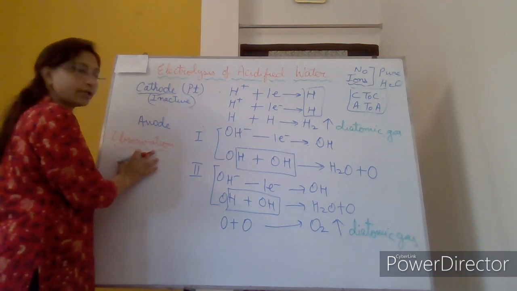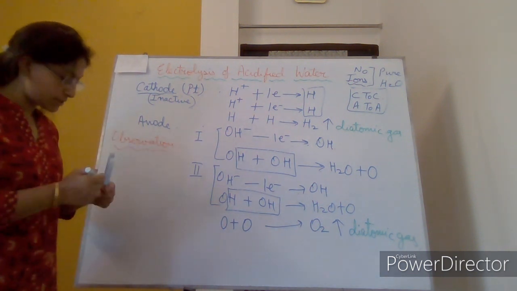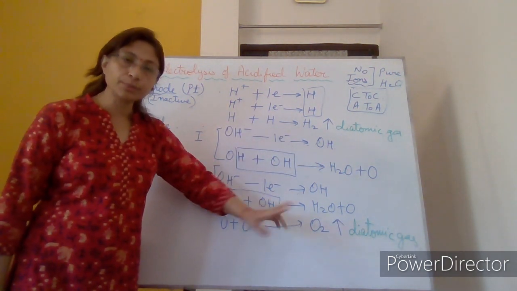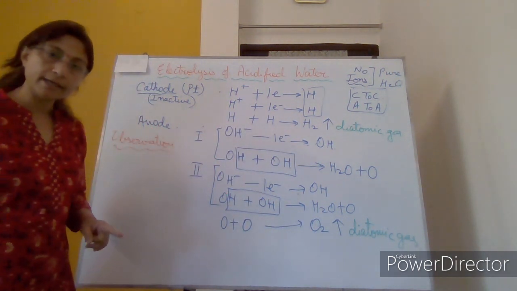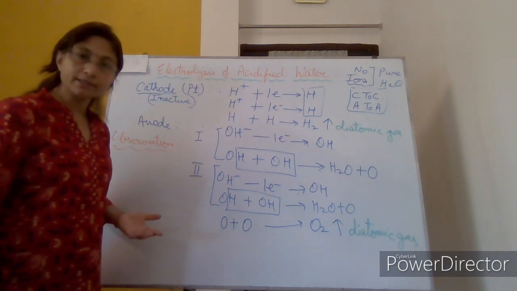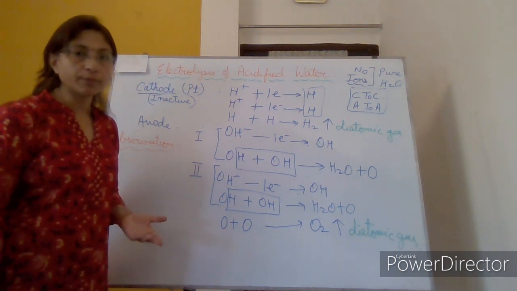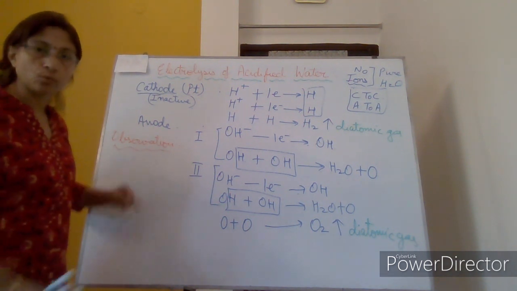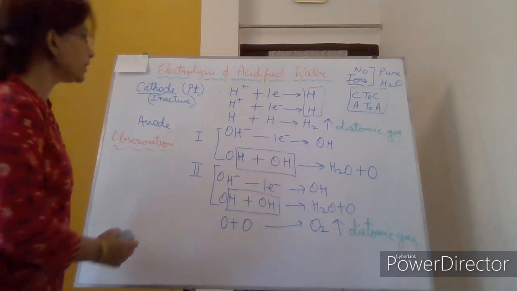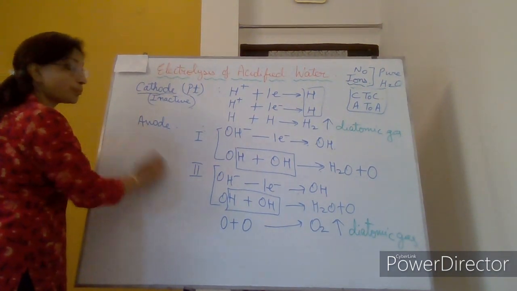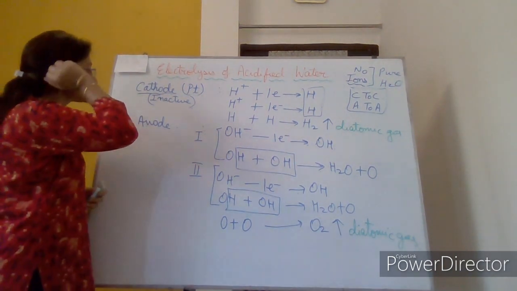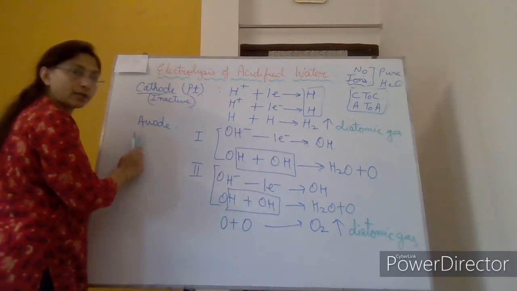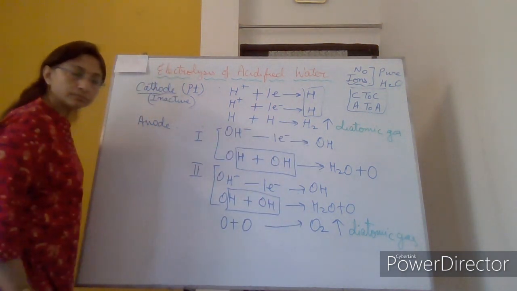So as such, there is no observation since hydrogen as well as oxygen are both colorless as well as odorless gases. Hence, we cannot make any observation. So here, in case of observation, what are we going to write? We are going to write the product formed. So the product formed at cathode is hydrogen and at anode it is oxygen.